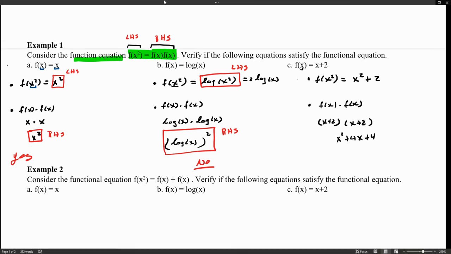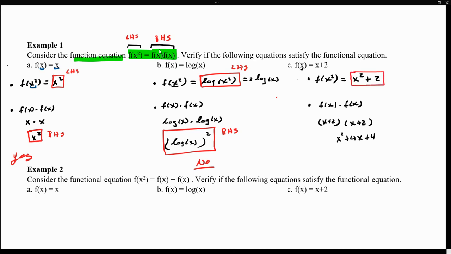So now the question we want to ask ourselves is, is the left-hand side equal to the right-hand side? In this case, it is obvious that they're not the same. x squared plus 2 is not the same as x squared plus 4x plus 4. Therefore, x plus 2 is not a solution, because it does not satisfy the condition of this functional equation.